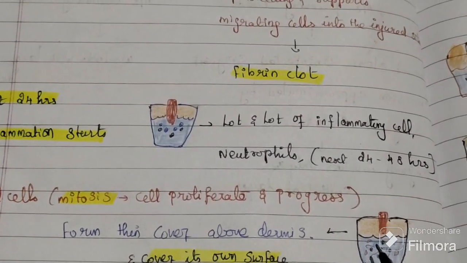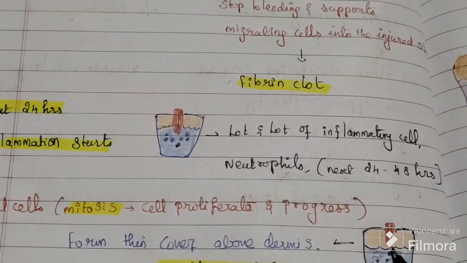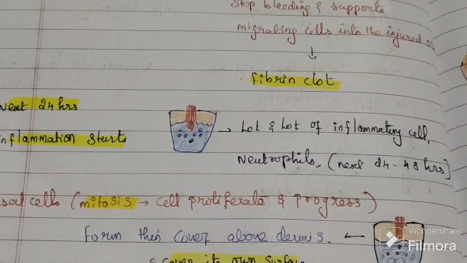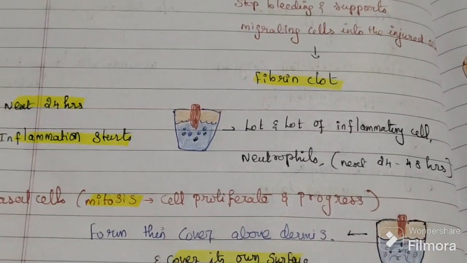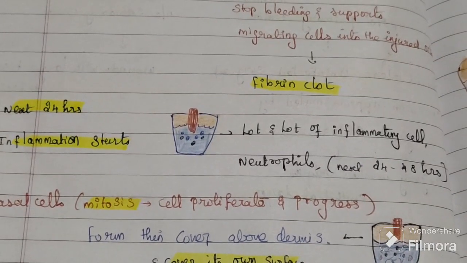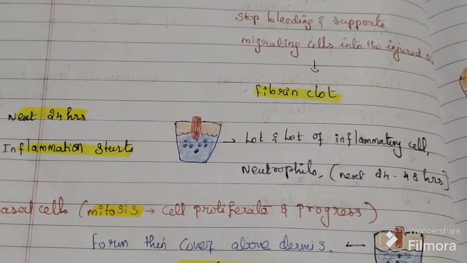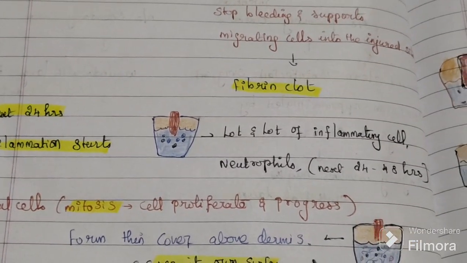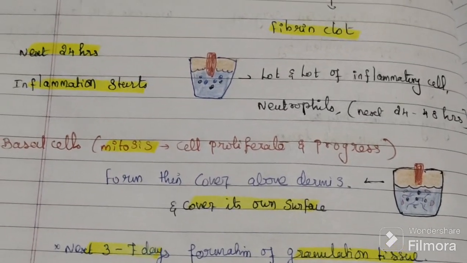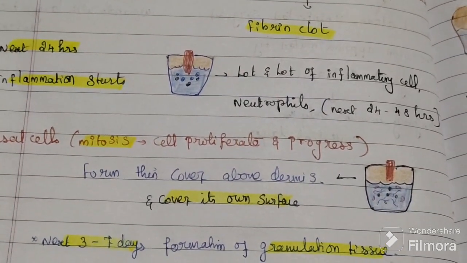They start approximating, form a thin cover above the dermal surface, and then cover the wound surface. So the epidermal region covers the wound surface.